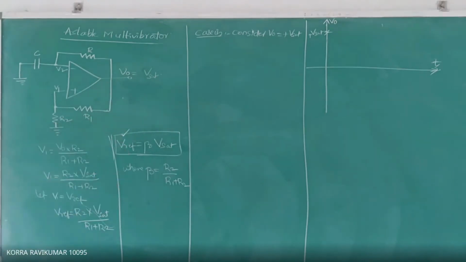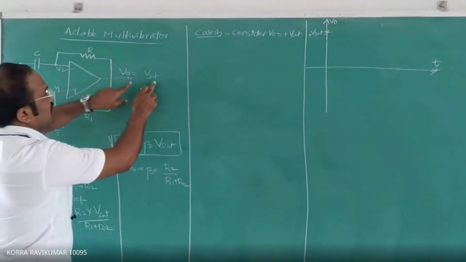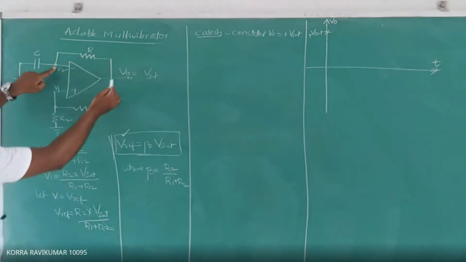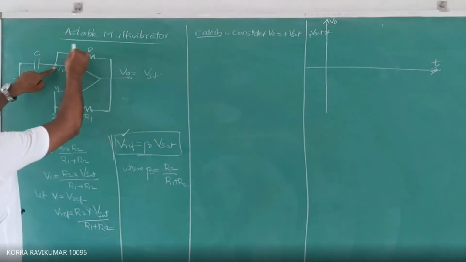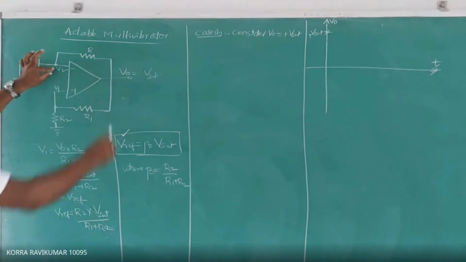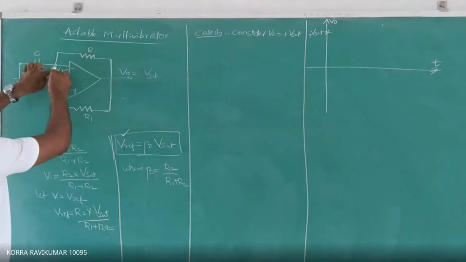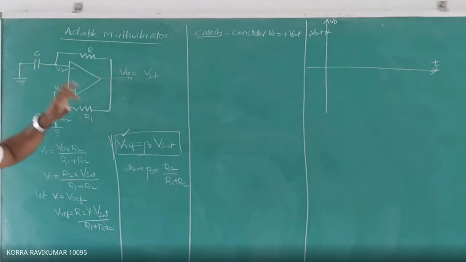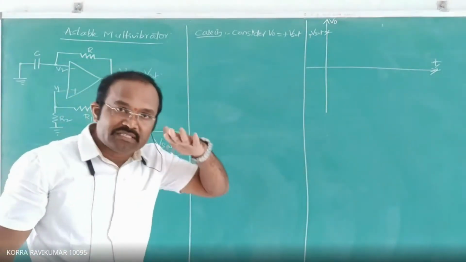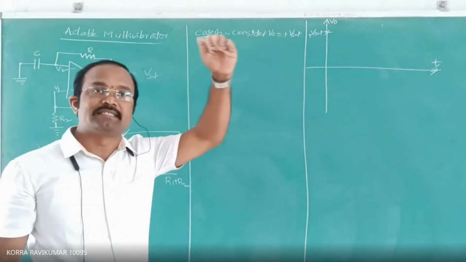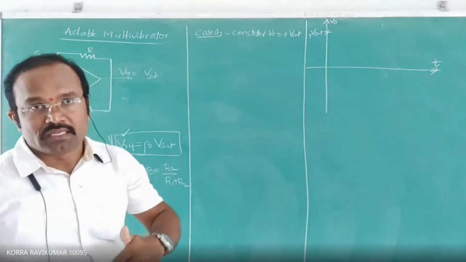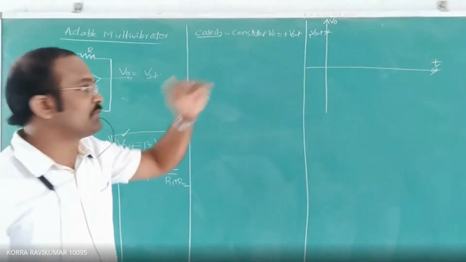So the same V0 equal to V saturation voltage appears at this point. Due to this V0 equal to V saturation voltage at this point, the capacitor gets charged from its initial value, its minimum or least value, to its maximum value.